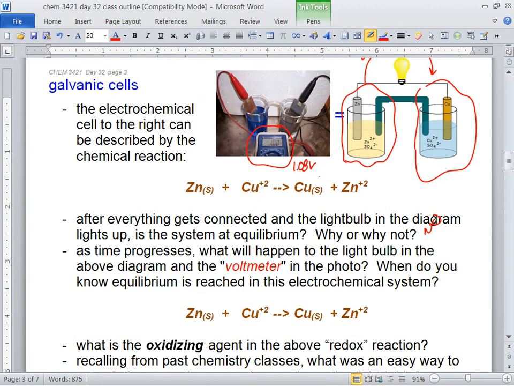What is the oxidizing agent in the above reaction? Okay, we have a reaction there. What's the oxidizing agent? 50-50 shot at this if you're looking at it right. Copper's going from +2 to 0.